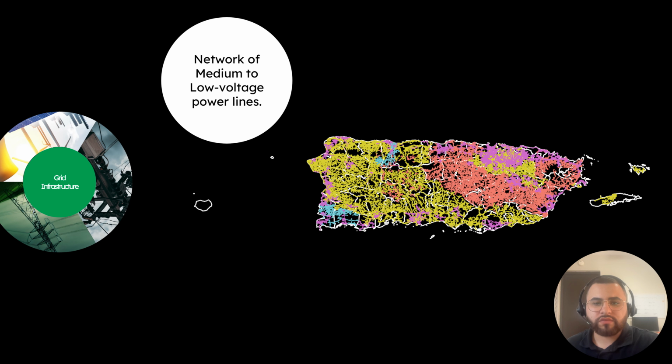As we continue on the grid infrastructure, our focus now shifts to the crucial distribution aspect. Starting from the transmission line, we undergo a transformation of voltage to a level more suitable for efficient energy distribution. This phase involves the distribution of energy to end users through the use of distribution transformers.